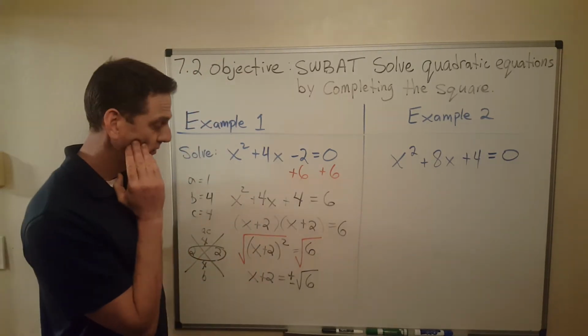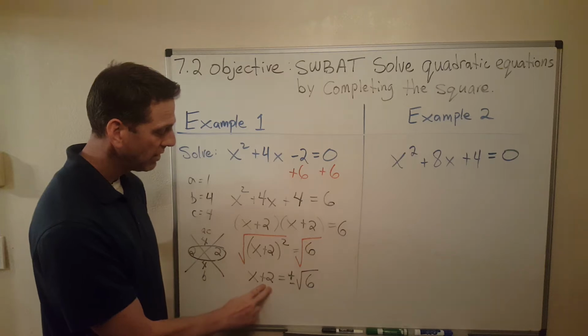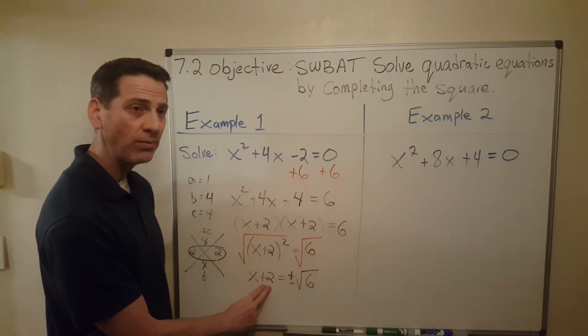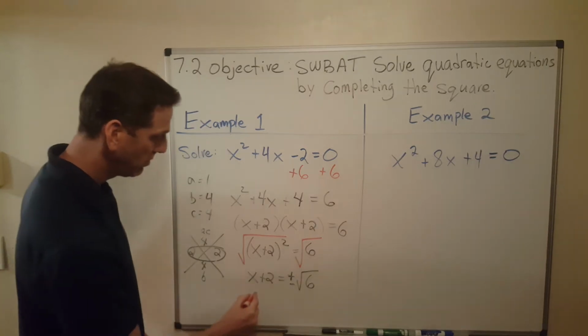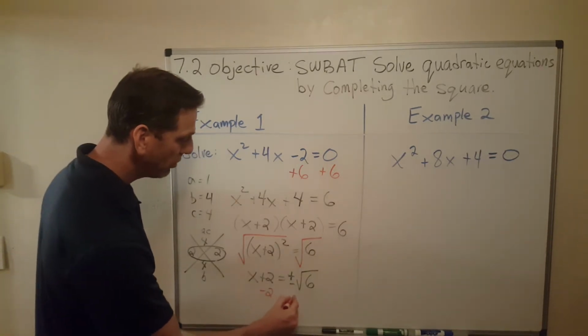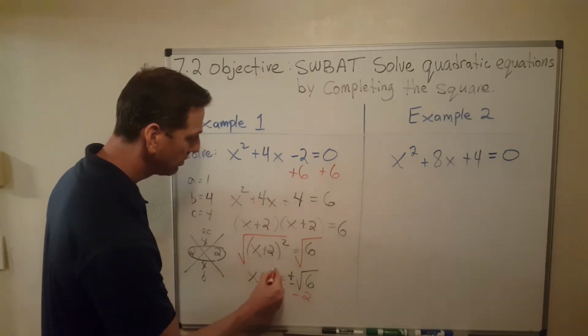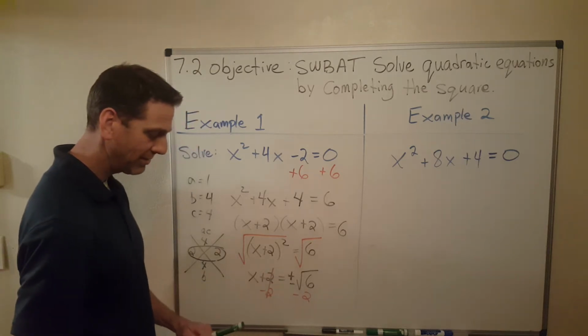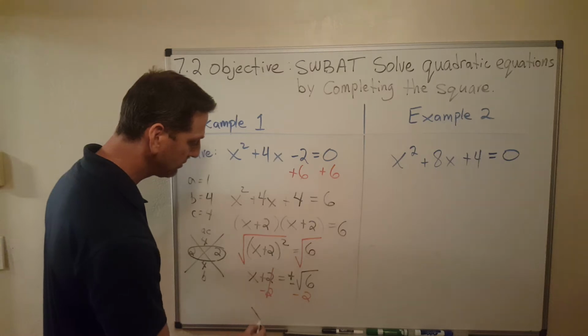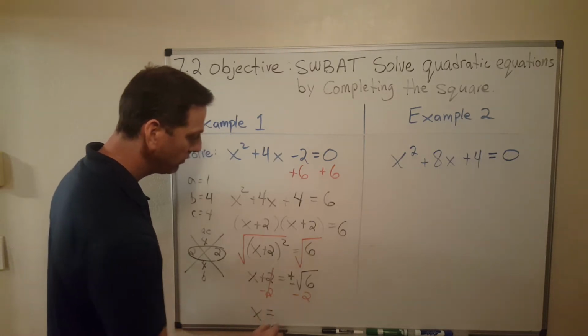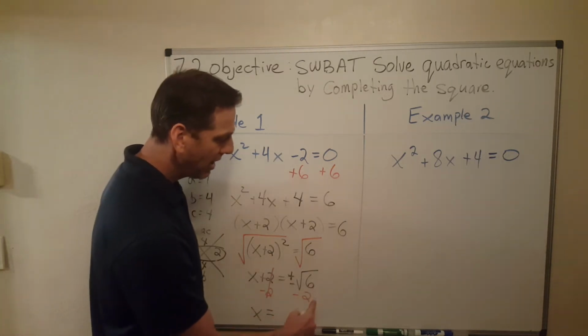All right, so now in order to solve this, we need to get rid of a plus 2. To get rid of a plus 2, simply subtract 2 to both sides. Okay, that's going to cancel, leaving you with x equals. Now, can I add these two?